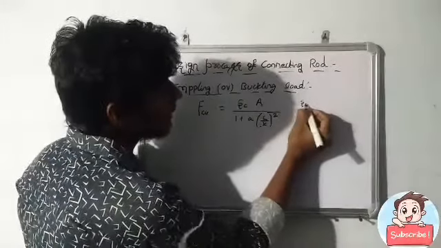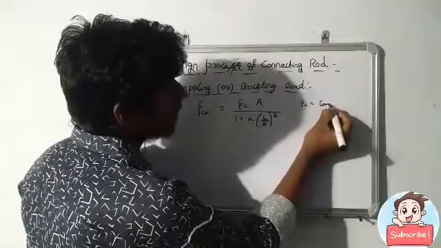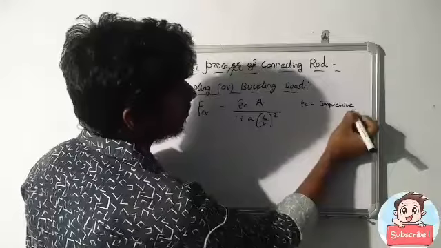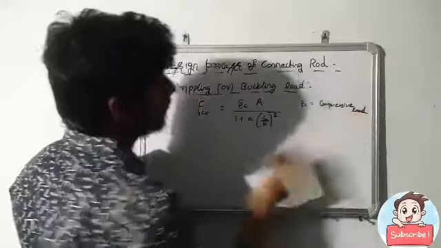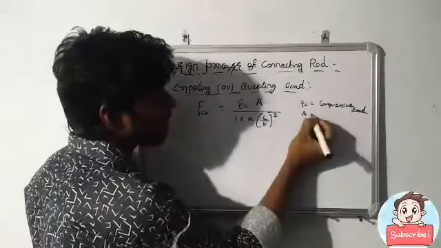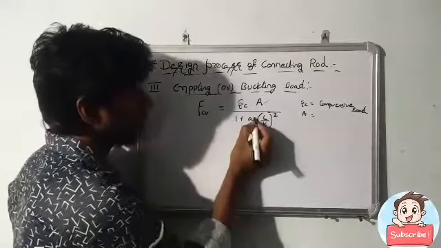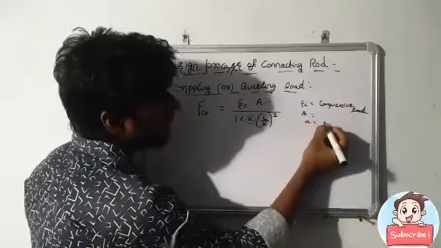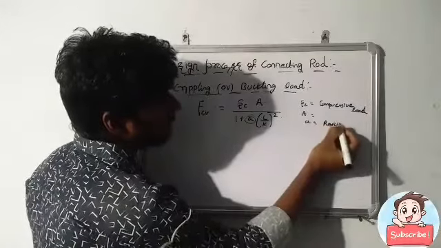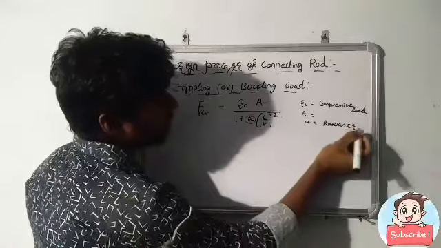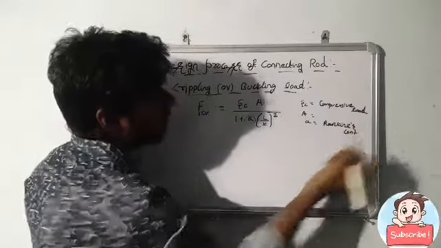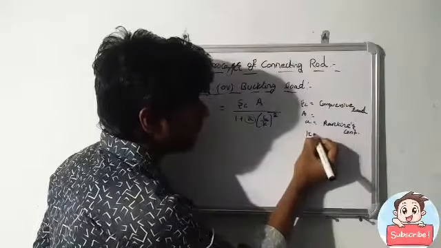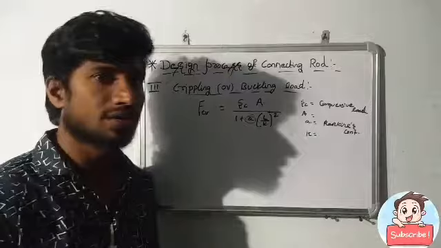SC is the compressive load here, and A is the area of the cross section, and small a is the Rankine's constant, and K is the least radius of gyration.